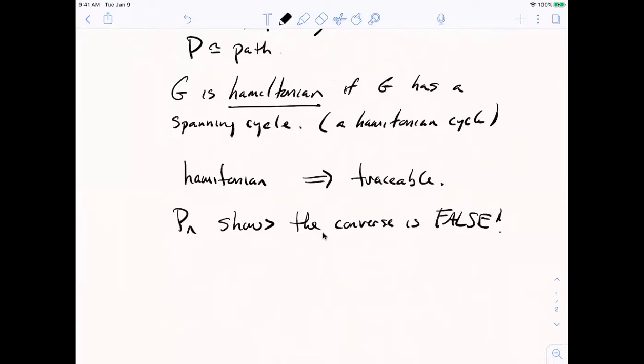Cool. All right. So we'll call something semi-Hamiltonian if it's traceable but not Hamiltonian. So G is semi-Hamiltonian if G is traceable but not Hamiltonian. All this is consistent with our language about Eulerian.